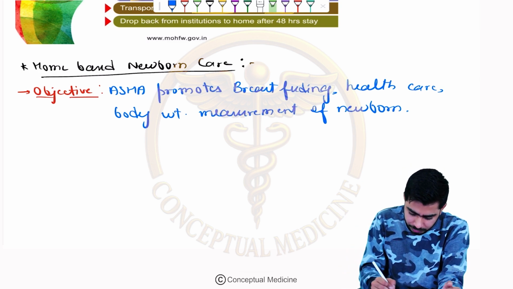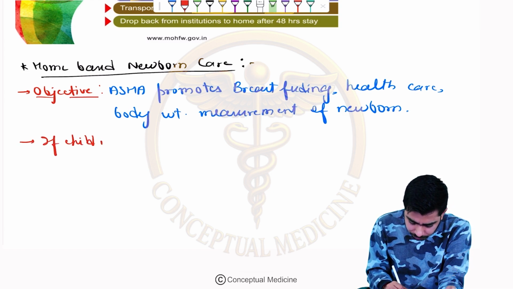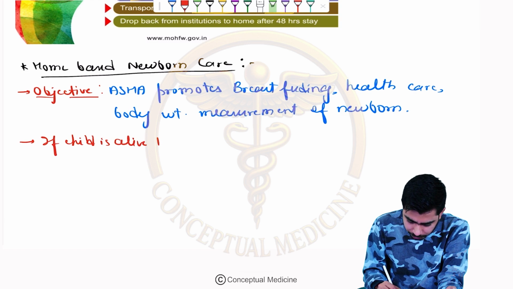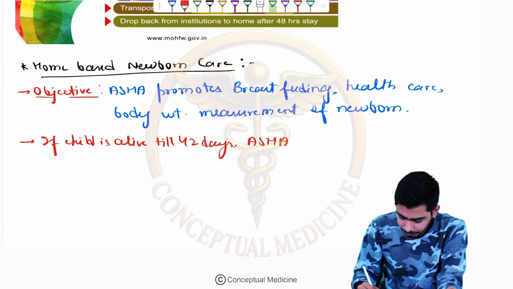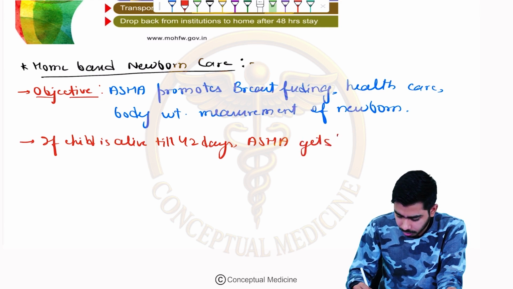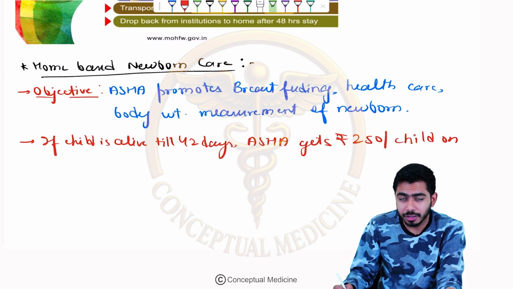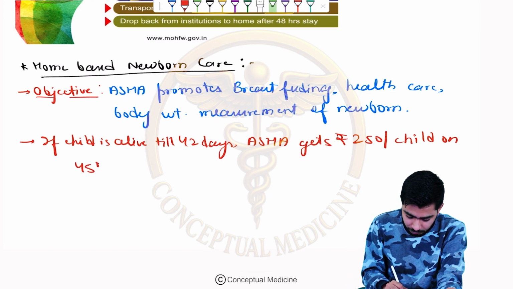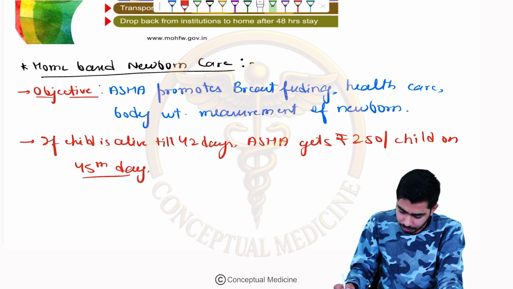So if the child is alive till 42 days, ASHA will be getting rupees 250 per child. On what day? Not the 43rd day, on the 45th day.